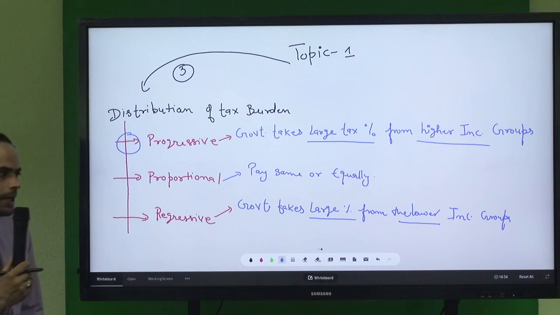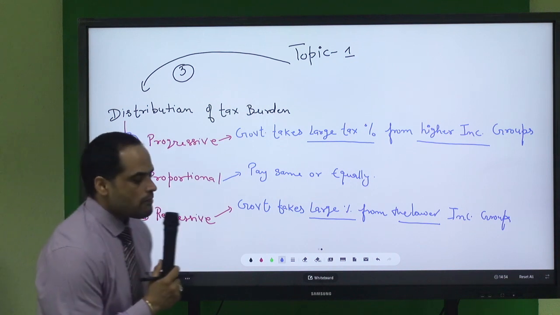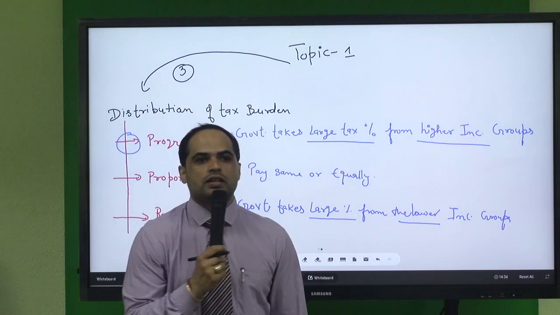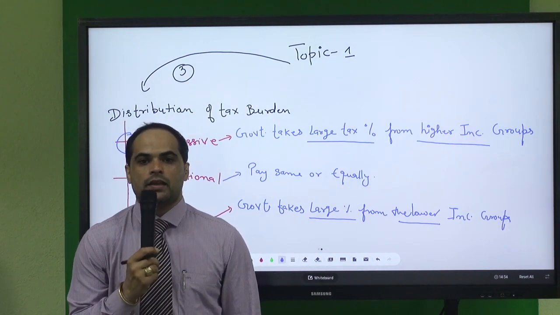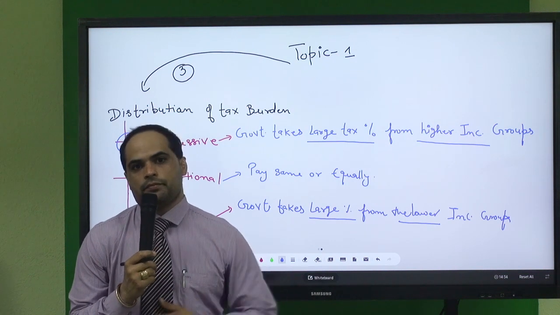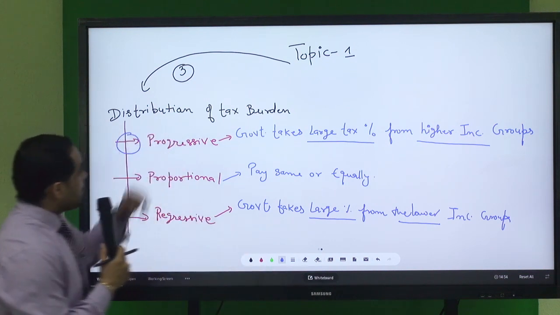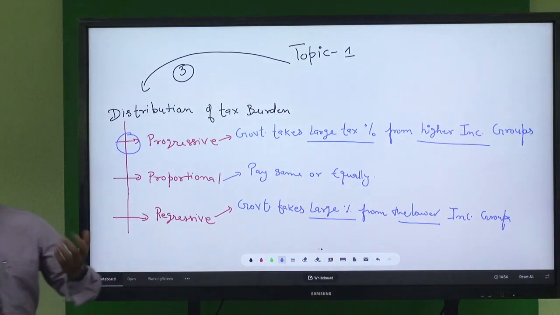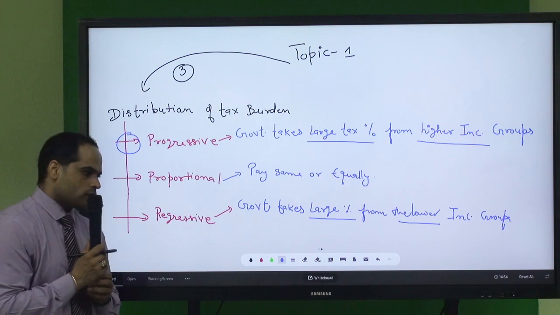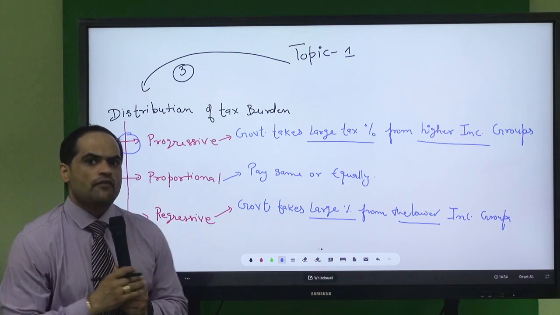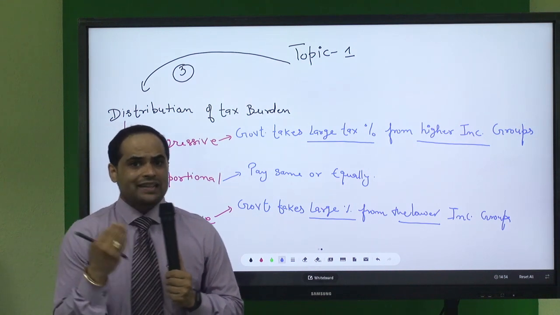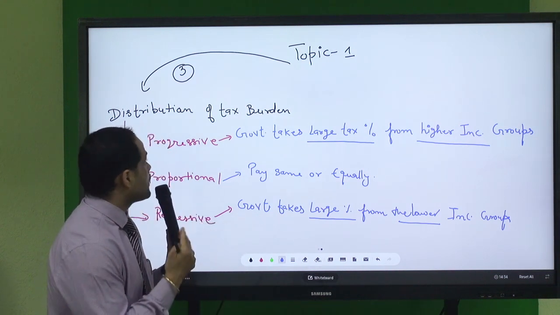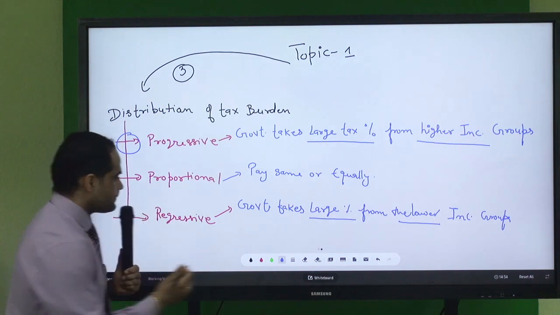So it's really important for the government to implement a fair tax system in the country, right? Like progressive, considered a fair tax system. But now, what is the meaning of a fair tax system? What does it mean, fair? That we're going to study in our learning outcome 4.